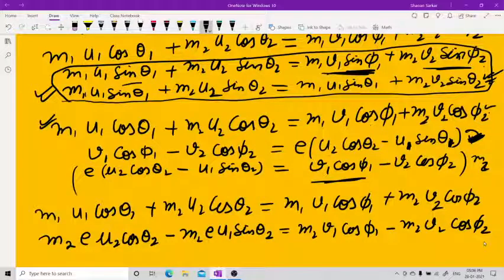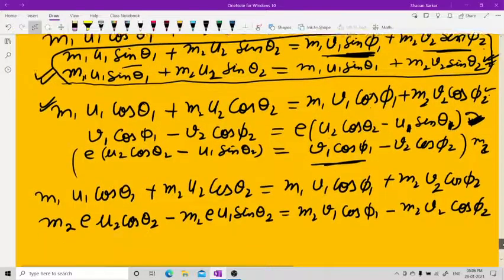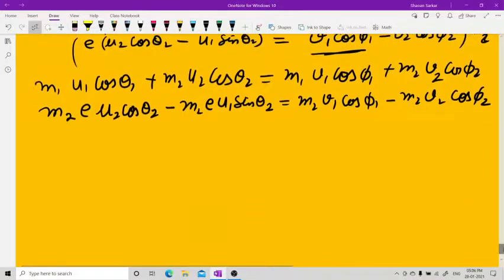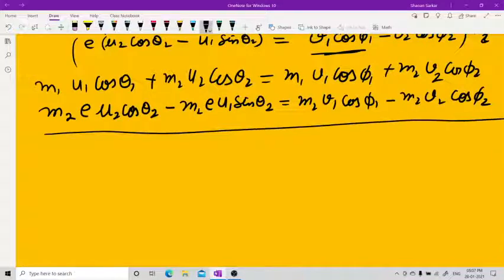Now, see, I did this multiplication with m1. I'm adding these two equations now. Now you see what happens. Let me take more space and make you understand. See what is happening. Now you add these two. So what will happen?